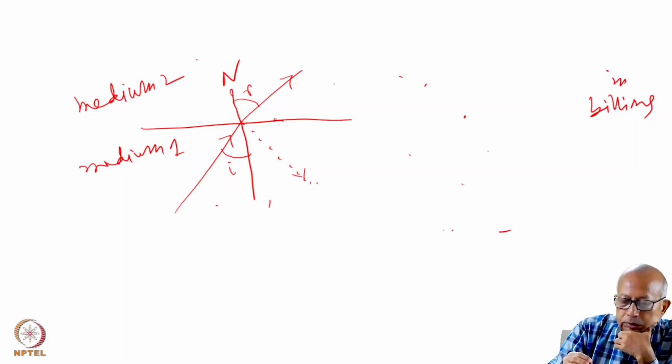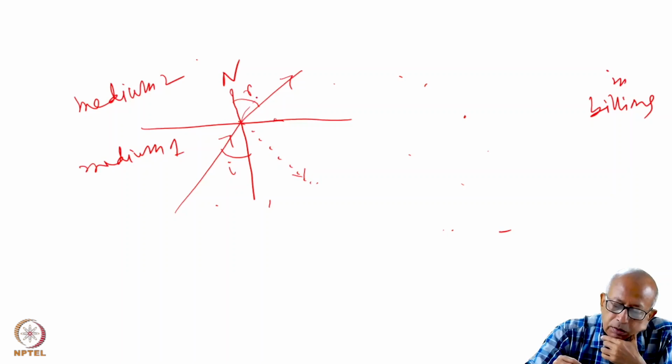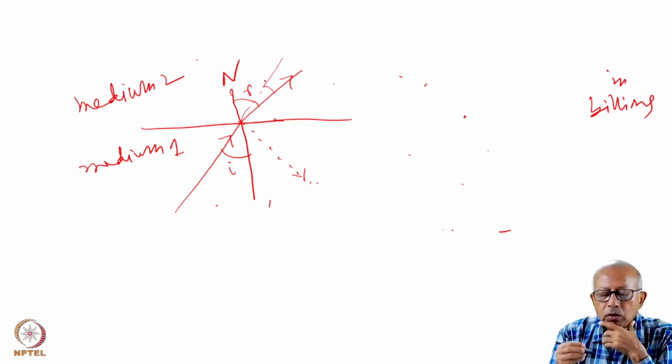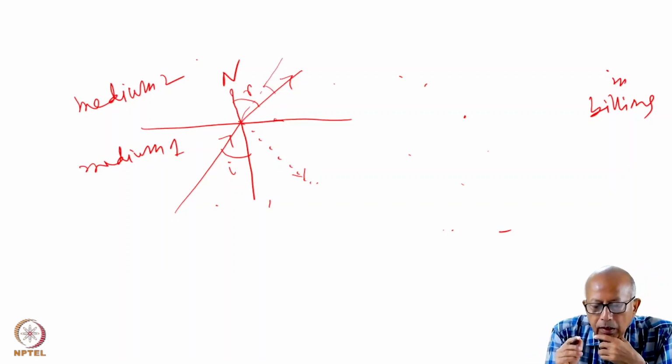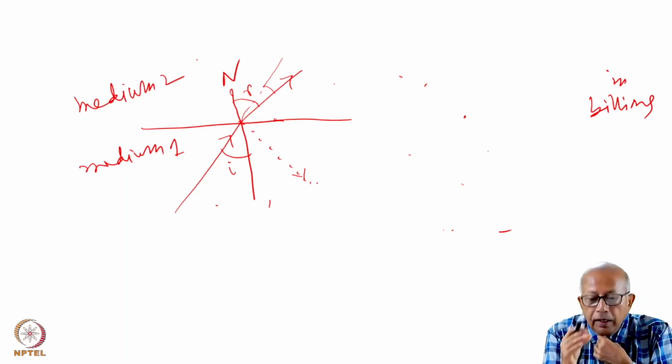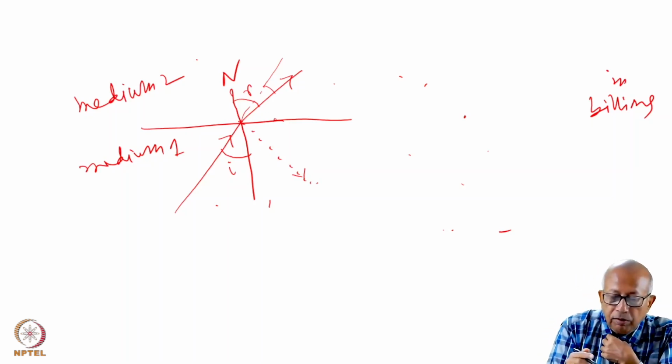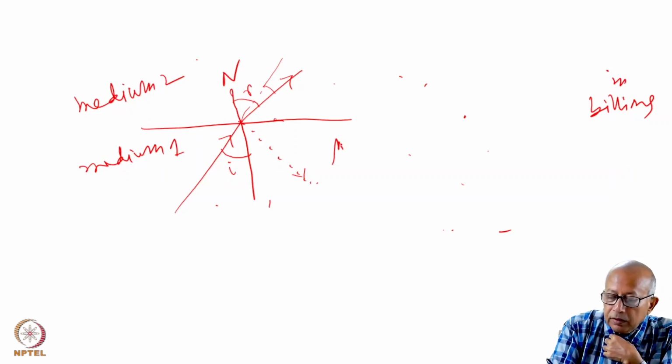So now the amount of bending, see, it has bent now. This amount of bending was first analytically expressed as a function of the refractive index.